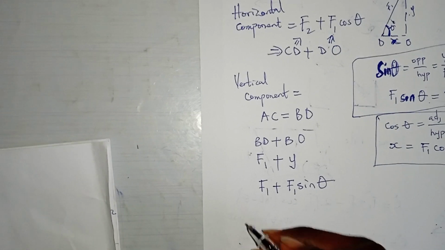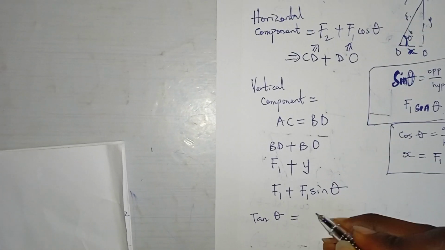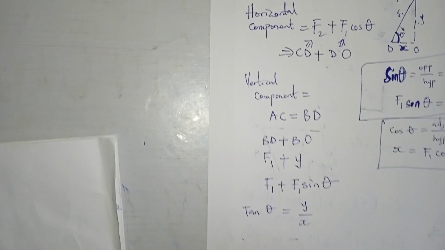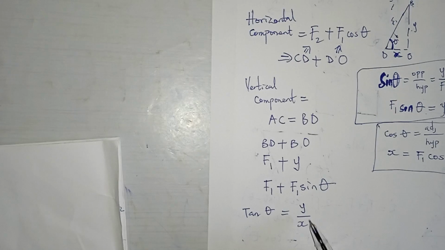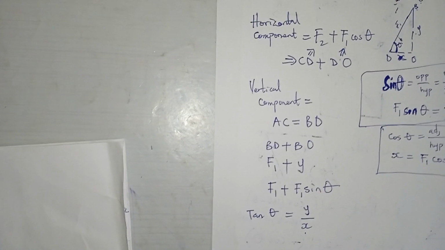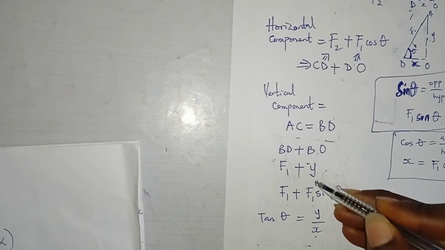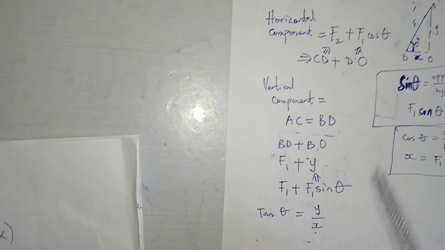But notice that tan theta is always equal to y over x. If you still remember trigonometry, tan theta is always equal to y over x. So what is our y here? Our y is equal to this. Now, what is our x?